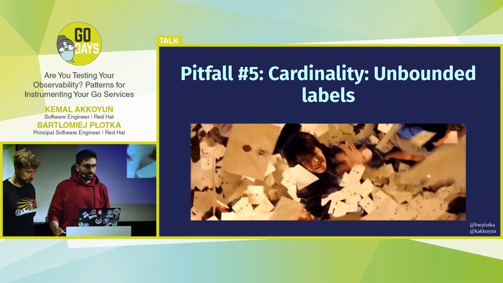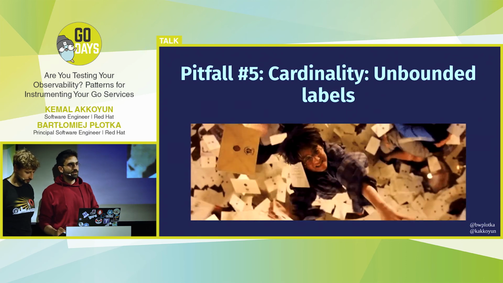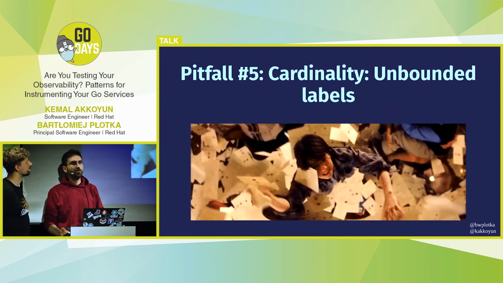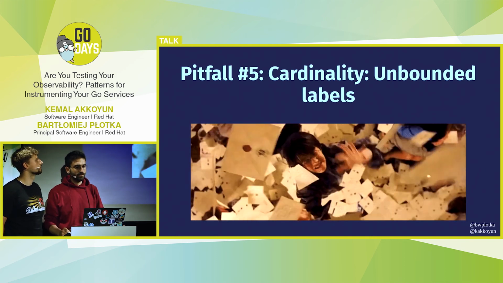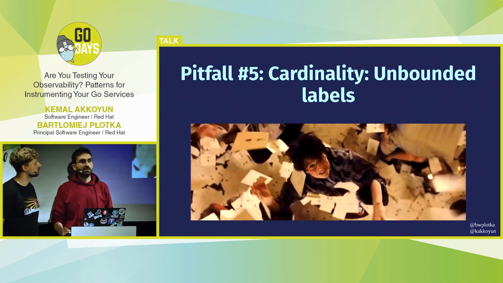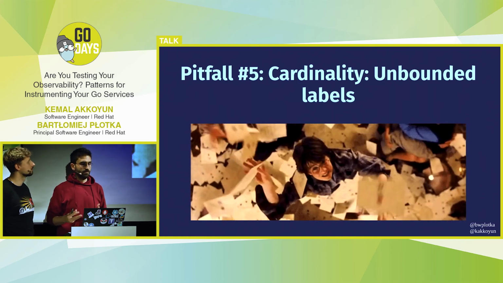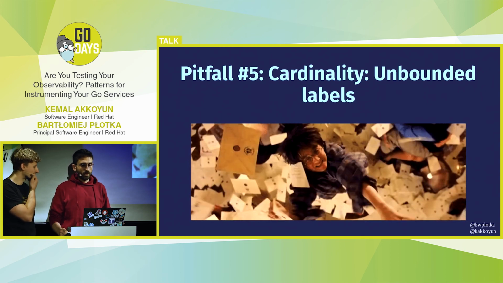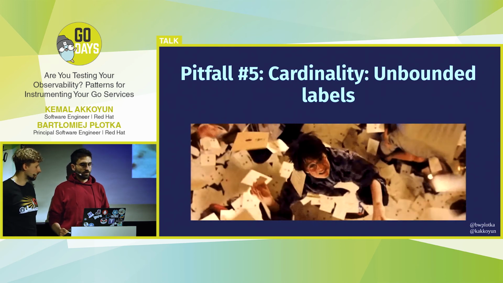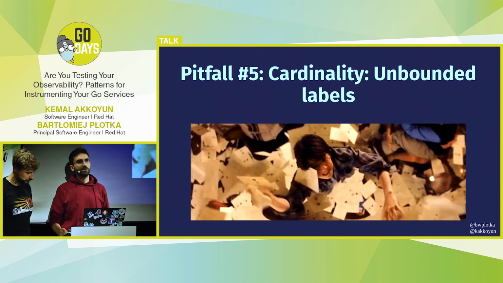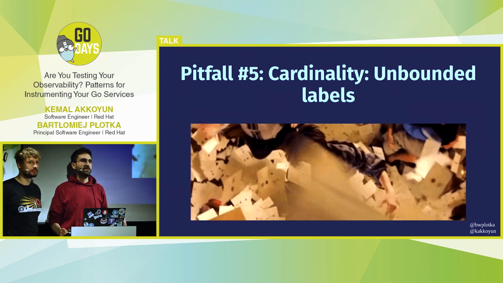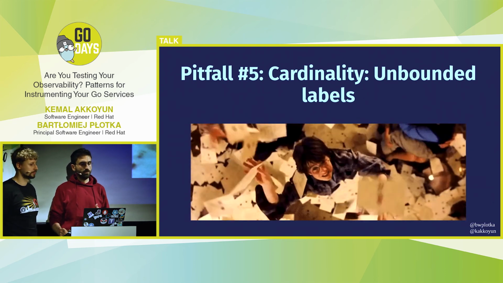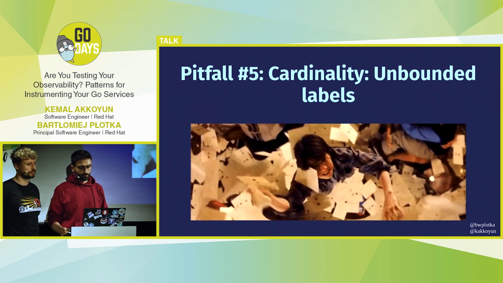So yes, another popular topic is cardinality. When you talk about Prometheus and performance, it always comes down to cardinality. And what is cardinality? The cardinality in this Prometheus context is the amount of time series that you expose. Especially considering the labels, you need to be careful about your labels, because each label value that you add to your metric kind of creates another time series, and you are incrementing your cardinality.